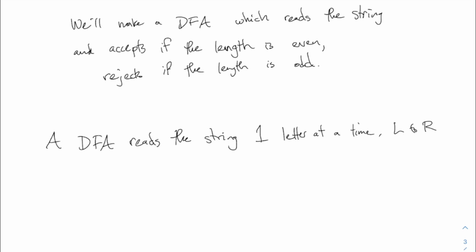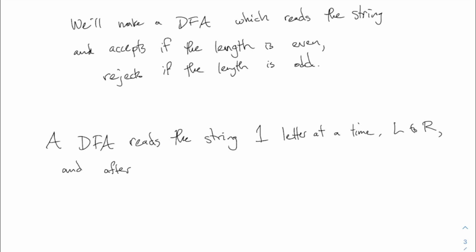And after each letter, it might change its internal configuration, what we call the state. So you read the first A, and then maybe change to another state. The state will sort of keep track: do you think this thing is even or odd as it's going? Because that's what the machine is trying to decide, whether the string has even or odd length.